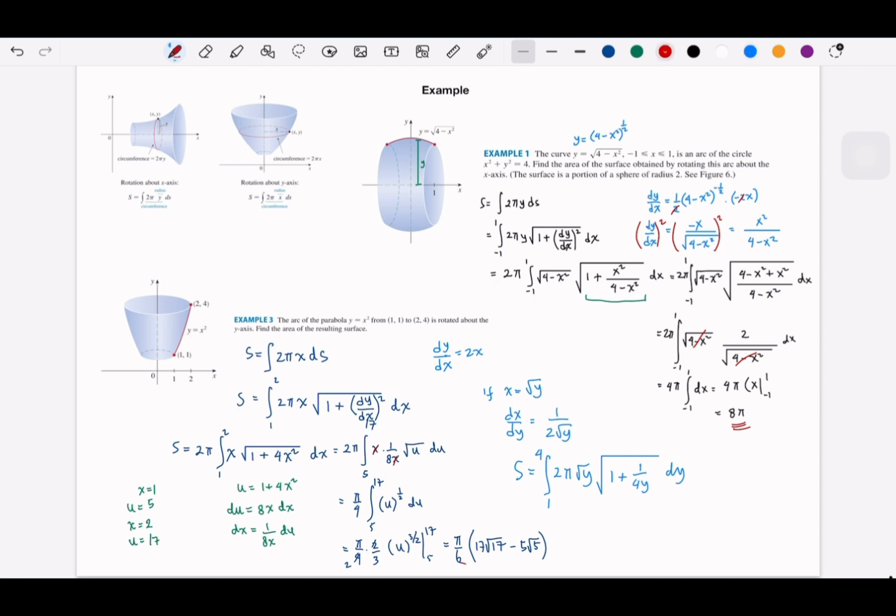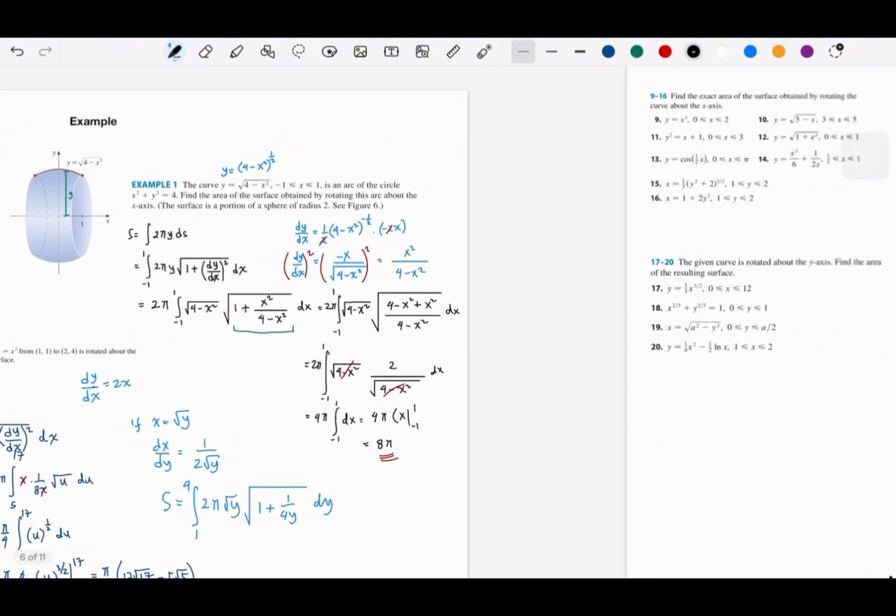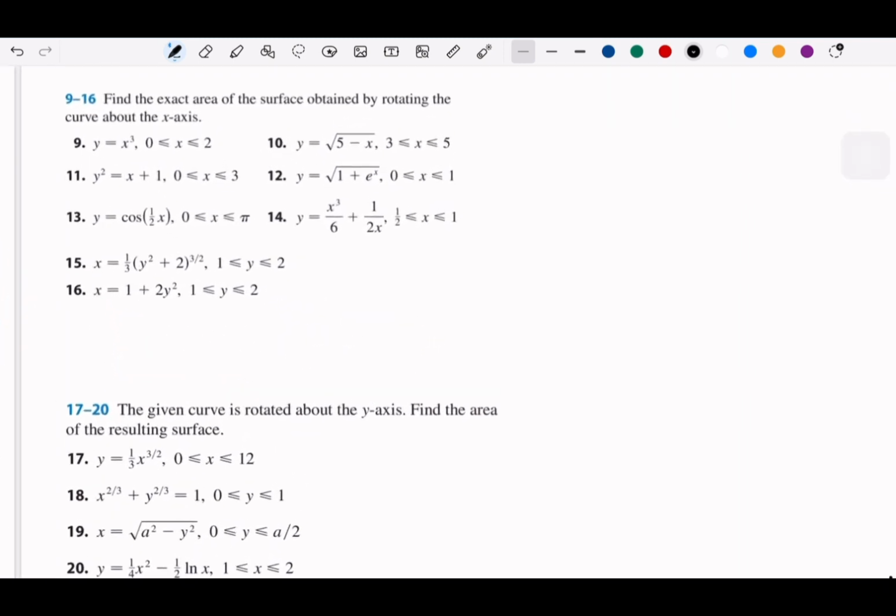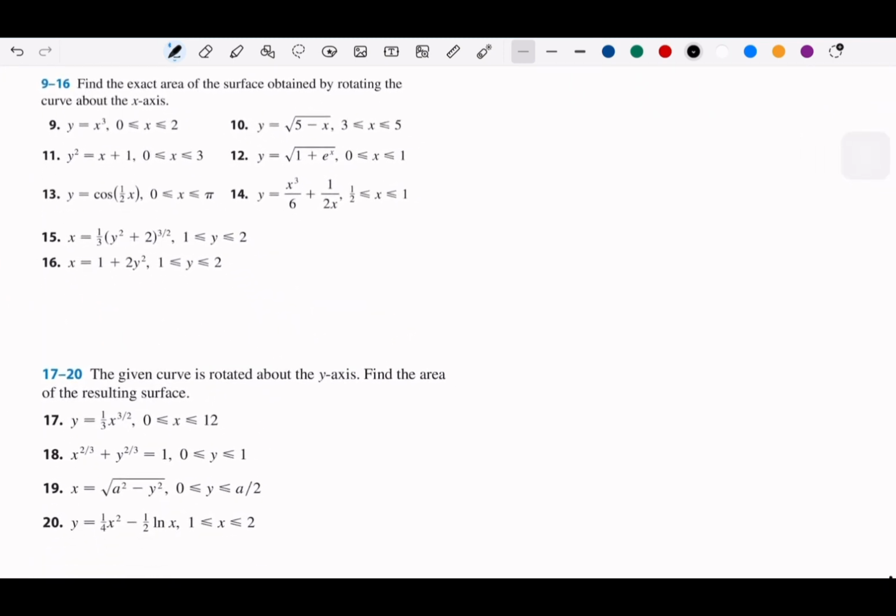So this is the answer. Okay, let's go through some examples. I put just a few examples here. This is, I think, quite straightforward. Okay, maybe from 9 to 16 first.